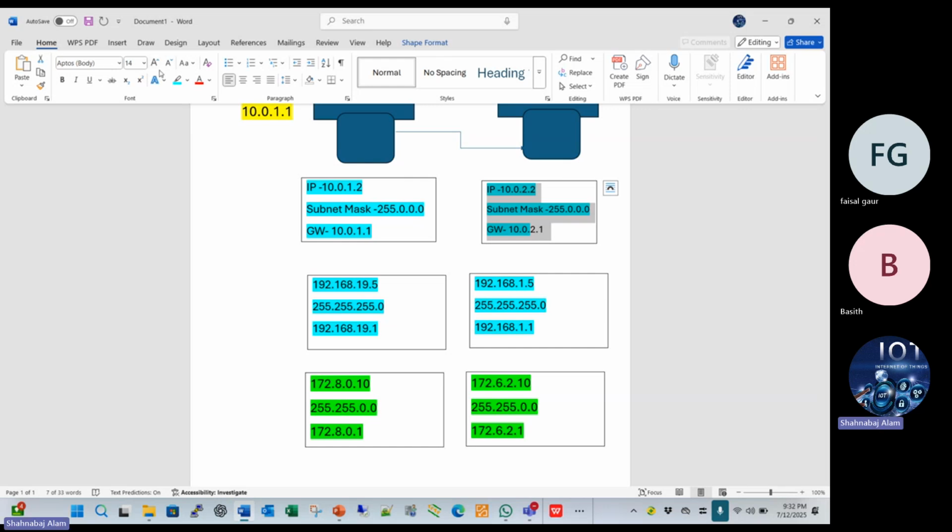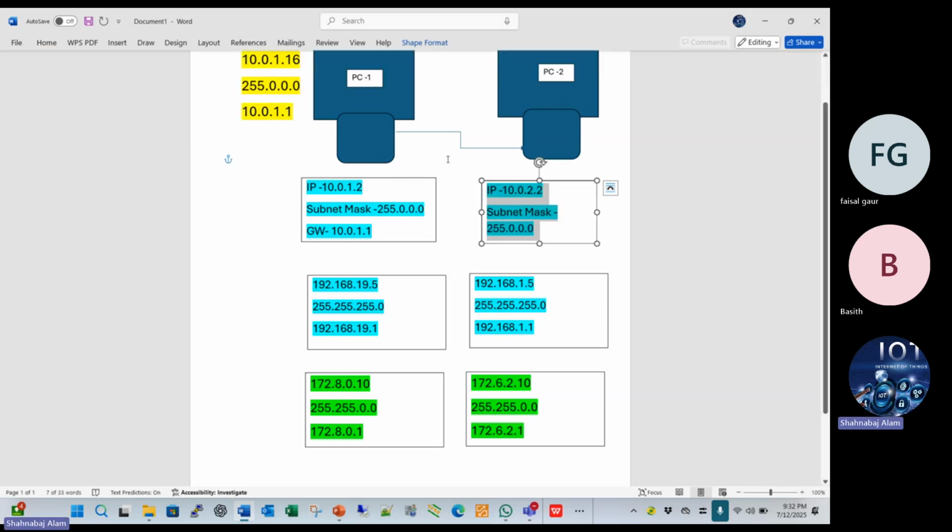We have only two PCs, but I want both different networks to communicate. What is required here? A router.